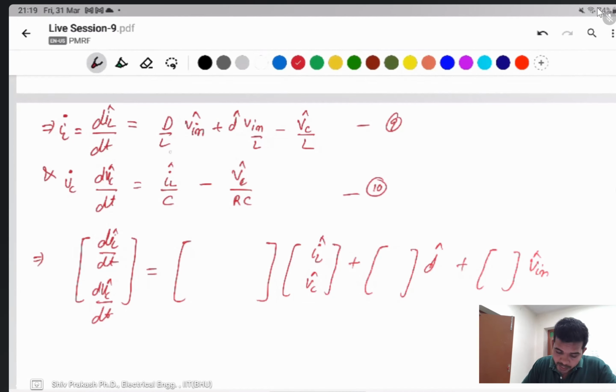VC is here minus IL by L, minus 1 by L. Equation number 2, IL is given, then 1 by C here, IL will take common, and VC is minus 1 by RC. D cap here, that means V in by L. Here D cap is not there, then 0. V in only, here D by L.